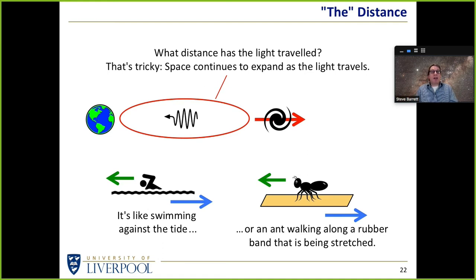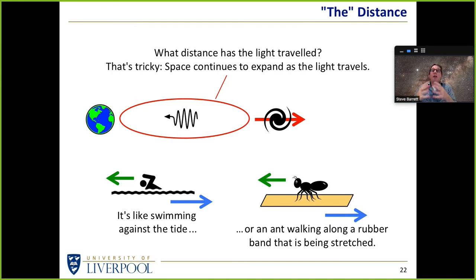So how are we going to actually work that out? How are we going to work out how long it takes the light to get from this distant object to us? Well, the only way of doing it is to work out using a model of how we think the universe has been expanding.